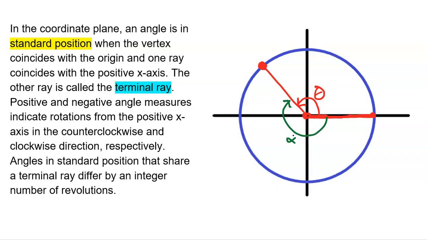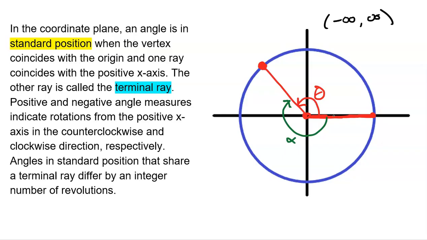Now, this definition of an angle allows for angles to truly be anything, negative infinity to positive infinity, because I'm allowed to go all the way around as many times as I want. I'm allowed to go backwards as many times as I want, which would be negative, just going clockwise. So real quick, let me explain this one more time. I drew this red angle and this green angle.